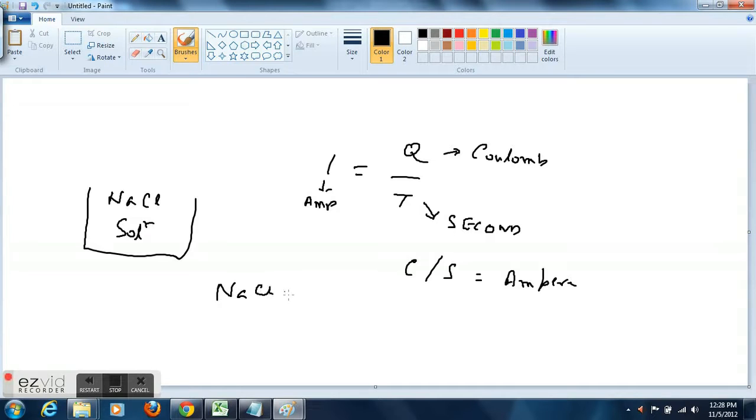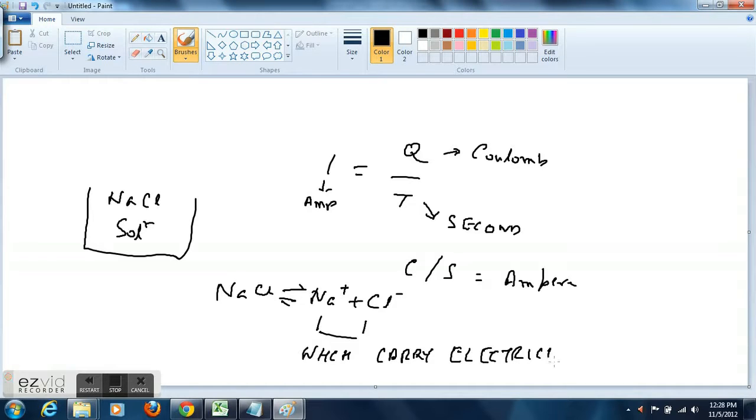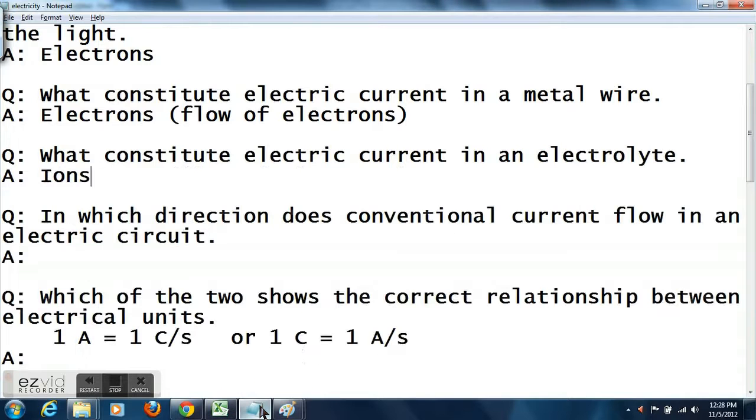Let us take an example of sodium chloride solution, which in water dissociates into sodium ion, which is a positive ion, and chloride ion, which is a negative ion. And these ions are responsible for carrying electricity.